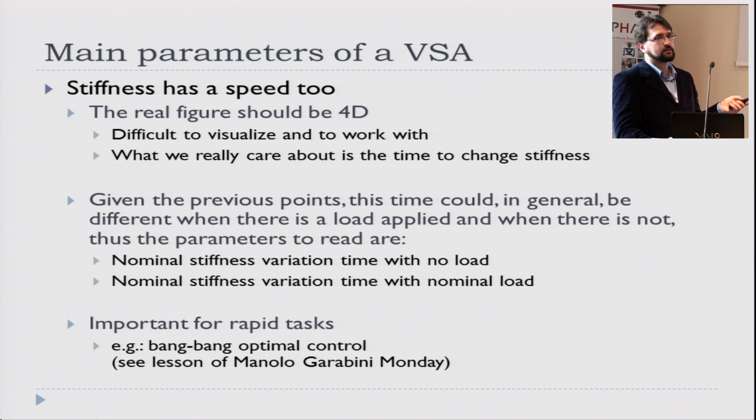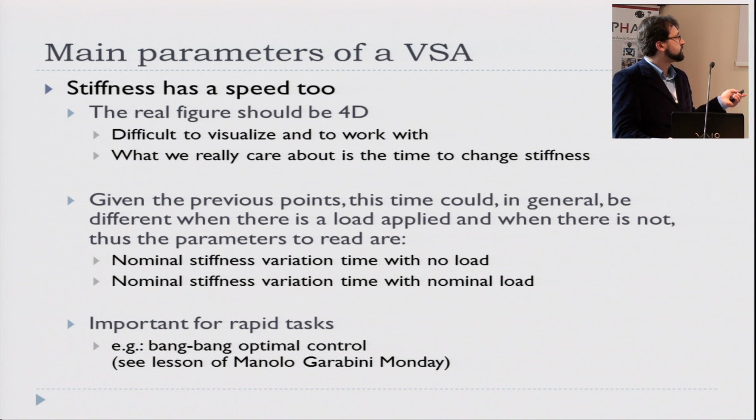So the best way to characterize this for a variable stiffness system usually is with two numbers: the nominal time to have the highest change in the stiffness, from the minimum to the maximum, or from the maximum to the minimum, depending on which is worst, calculated both with no load and with the nominal load applied on the system.